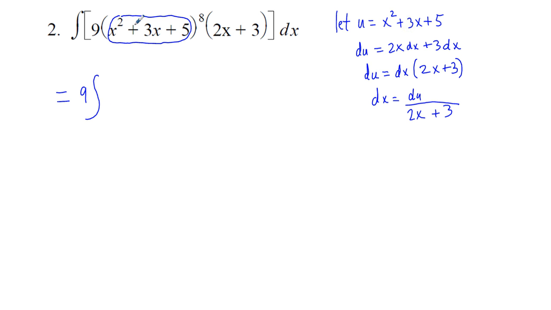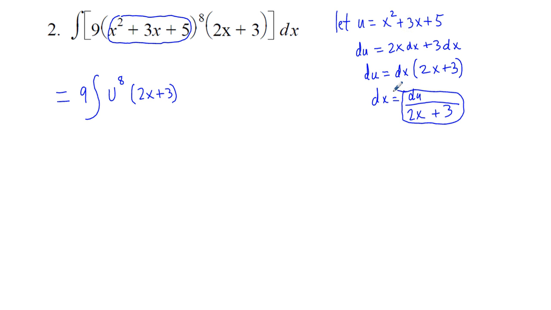And so we say we've let this be u, so it's going to be u to the 8th power, and then we have times 2x plus 3 times our du.